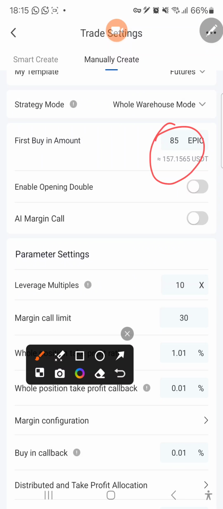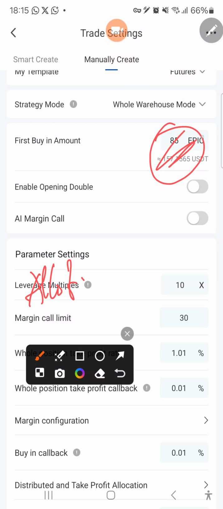This is going to depend on how much capital you're willing to allocate to this trade, or open this position with. Are we together?